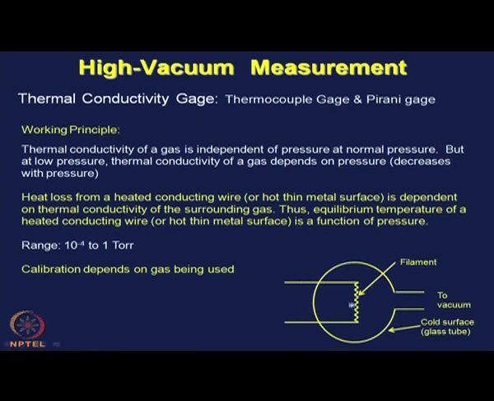Now, the heat loss from this conducting wire is dependent on thermal conductivity of the surrounding gas, and the thermal conductivity is a function of pressure when you are talking about very low pressure. Thus, the equilibrium temperature of this heated filament becomes a function of this pressure.